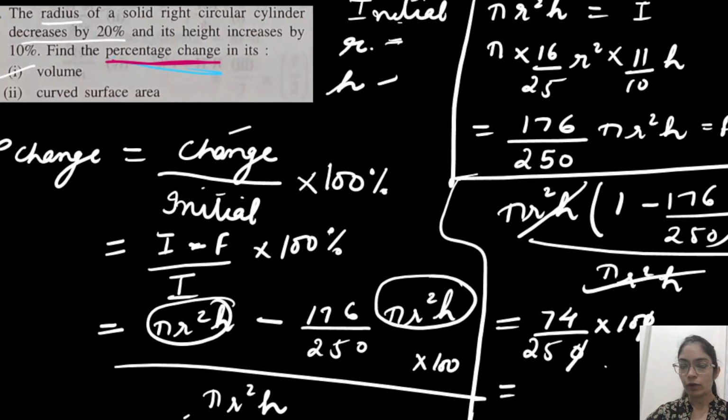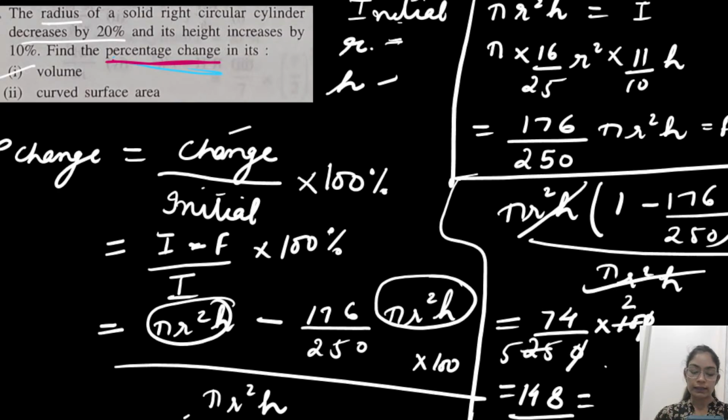So 74 into 10. Further, if you want you can do cancellation here. 5 stable, 5 into 2, 5 into 5. So if you multiply 4 into 2, 8. 2 into 7, 14. So 148 by 5, so 148 by 5, 29.6%.